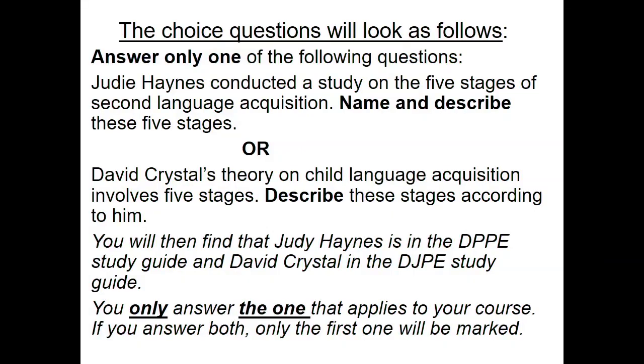Only answer the one that applies to your course. If you answer both, remember, only the first one will be marked. And for DJPE students, that may cost you a lot of marks. Because what will you know about Judy Haynes? She's not in your study guide. So please only answer one.